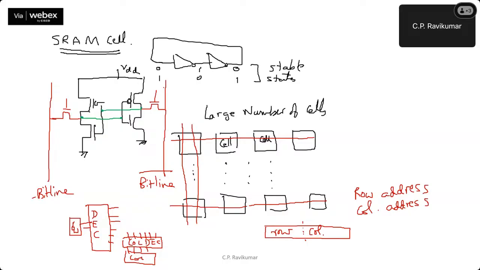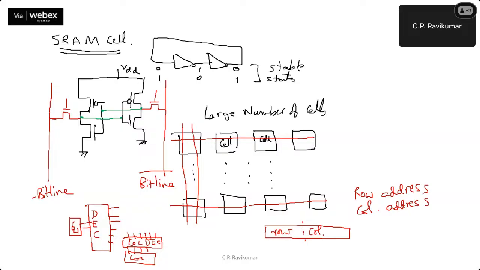So they charge this ahead of time, and if this guy is a 0, then it will discharge that particular bit line. If it is a 1, then 1 is already available, so nothing needs to be done. So that way they solve the problem of having to wait for a small cell. It may take a very long time for the cell to charge such a large capacitance. So pre-charging is done in order to avoid that long delay.